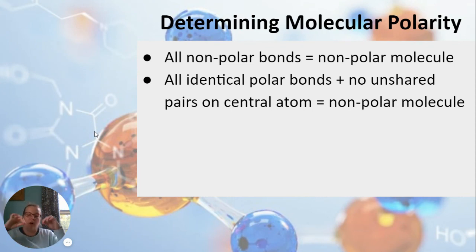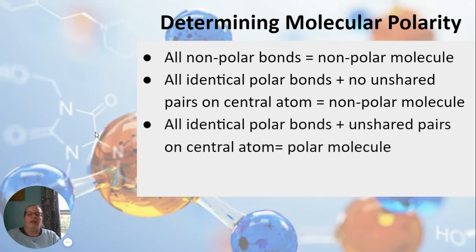So if I have all the same polar bonds around my central atom and I have no dots on the center, I'm going to have a nonpolar molecule. And you're going to say to yourself, that seems really strange, but we'll get into that when we get into the examples.